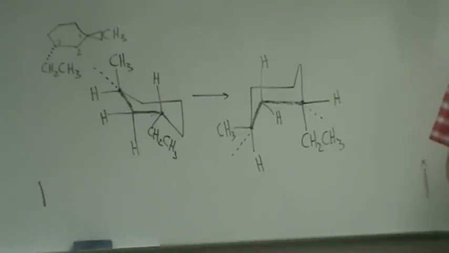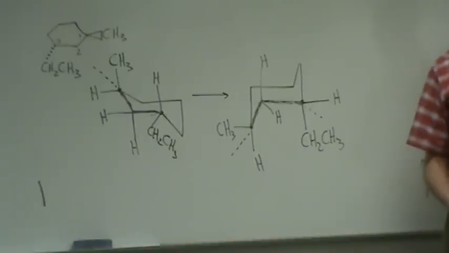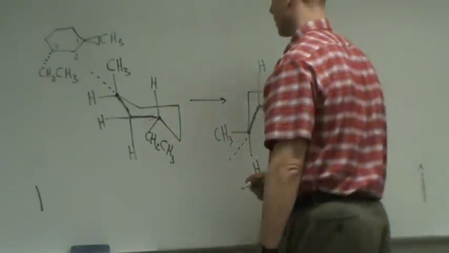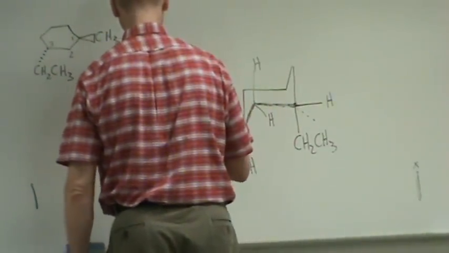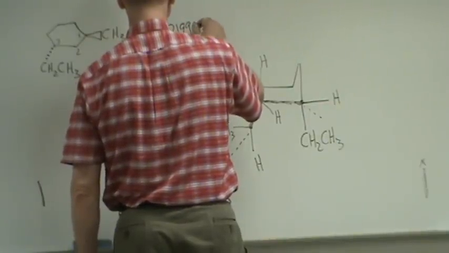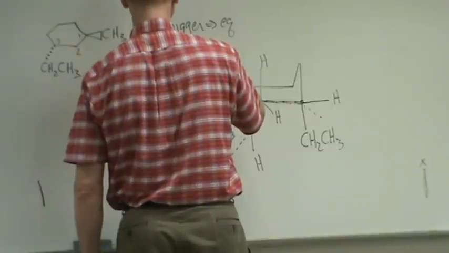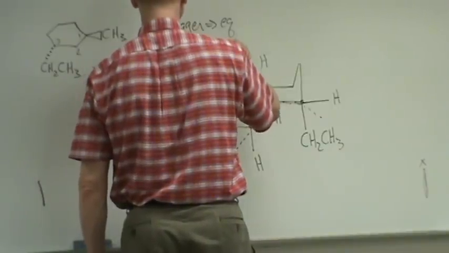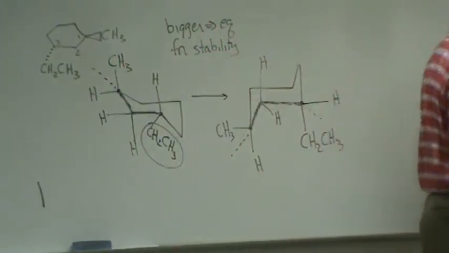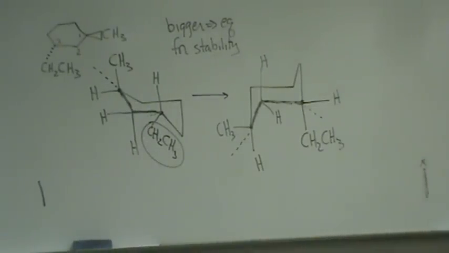The ethyl's the bigger group. And by definition, write it down, I want the bigger group on the equatorial. So you look for the bigger group on equatorial to be more stable.